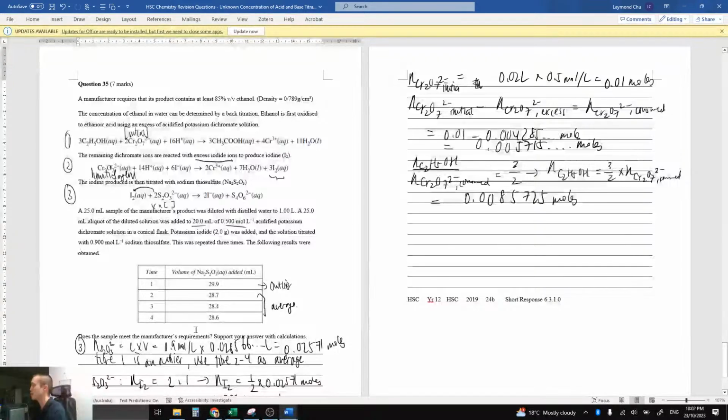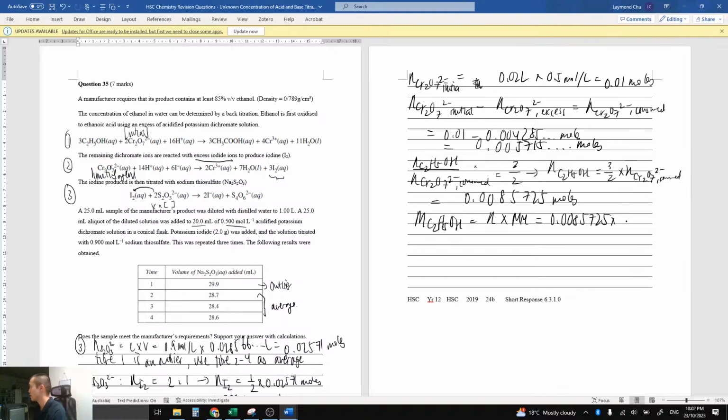Now what is the question asking? Does this sample meet the manufacturer's requirement? So we've got moles, we've got an 85% volume by volume, we have a density. So that might look like we want to find the mass of C2H5OH, which is the moles times the molar mass.